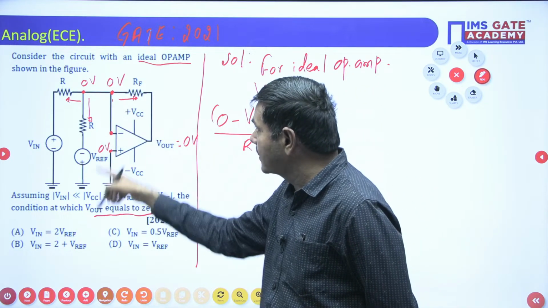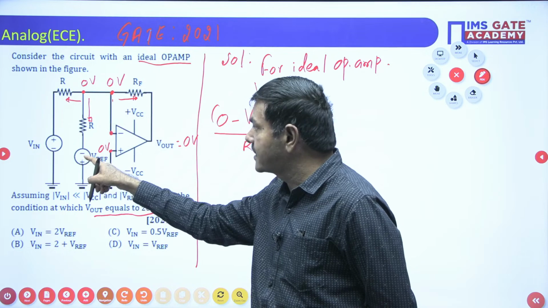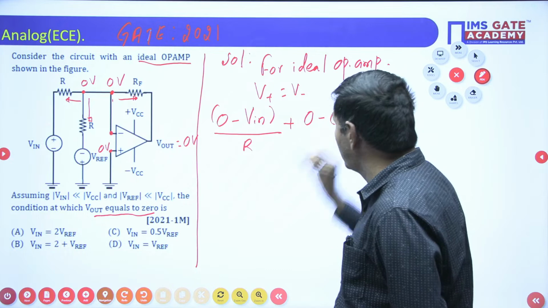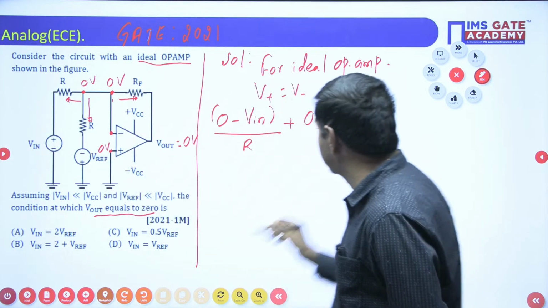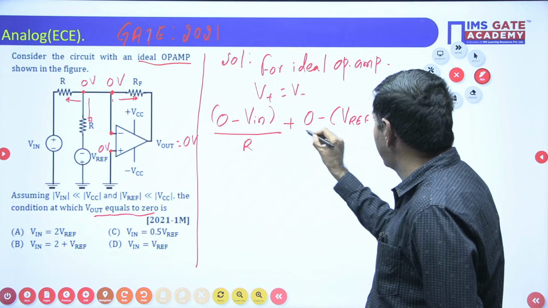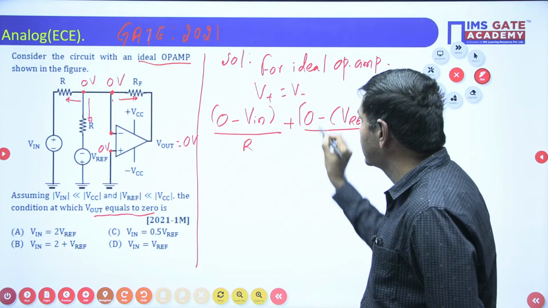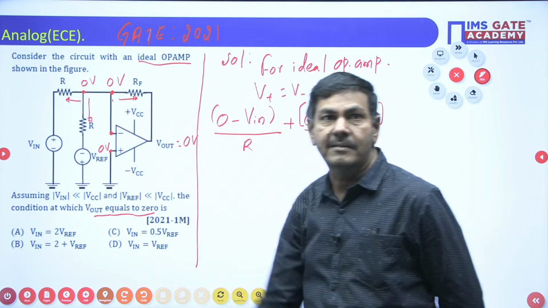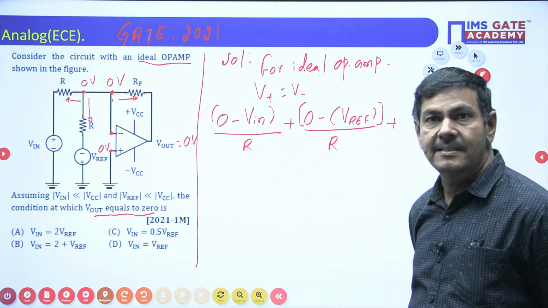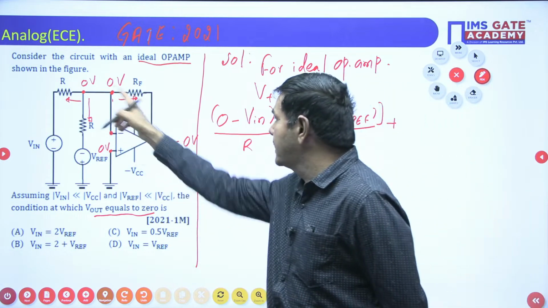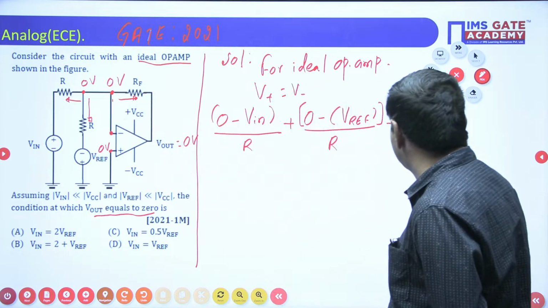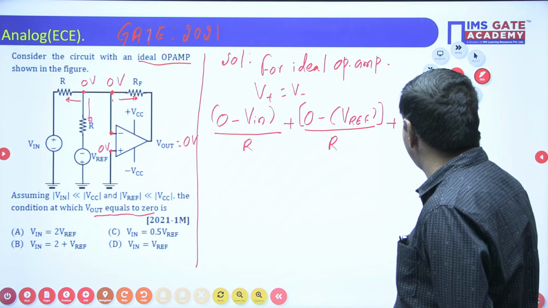Current across R: 0 minus of this minus, minus of minus, 0 minus minus V reference, divided by R, plus 0 minus output voltage, which is 0. 0 minus 0, 0 by RF. 0 by RF is 0 only.